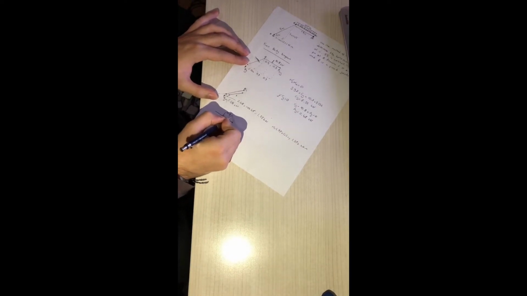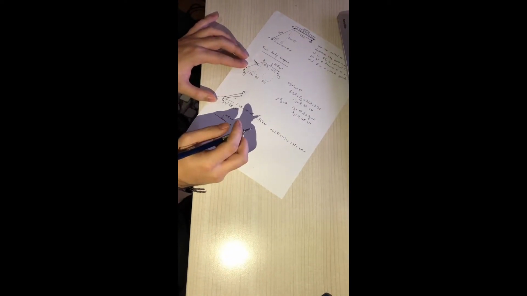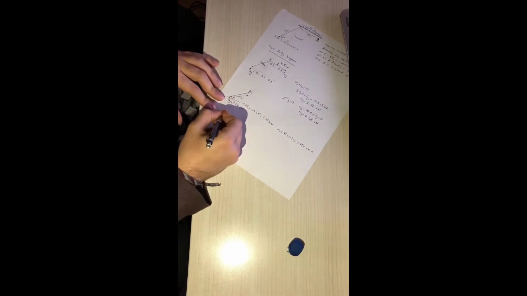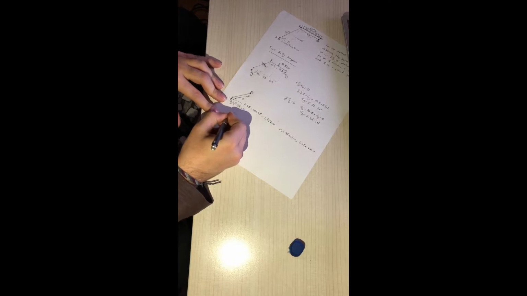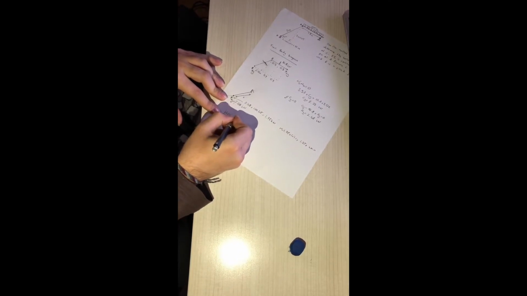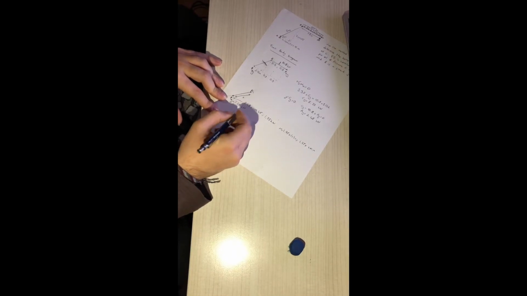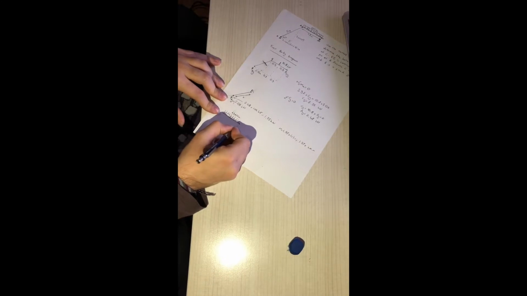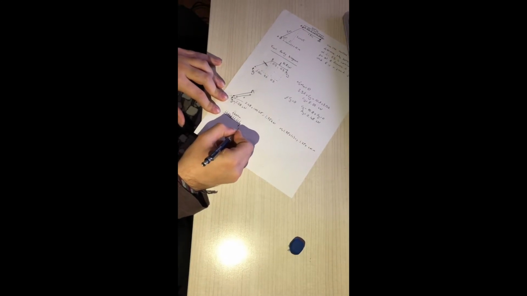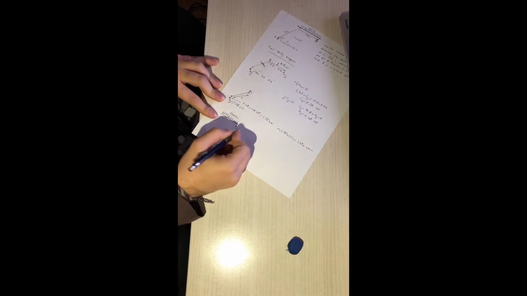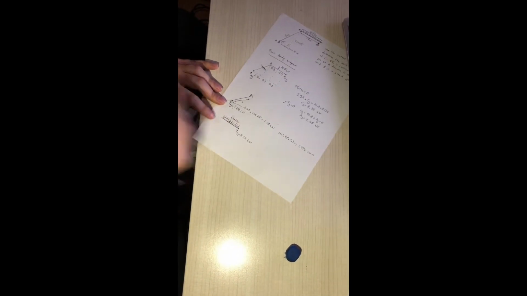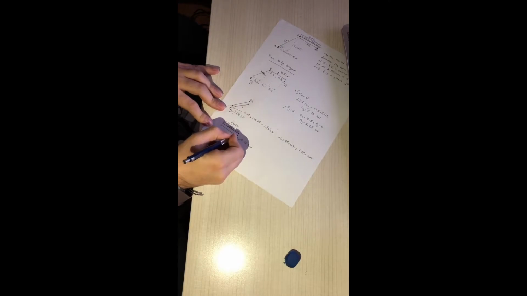Sorry, we have to draw the distributed load, 6 kilonewton per meter, and Cy equals 8.32 kilonewton, and this distance is x.